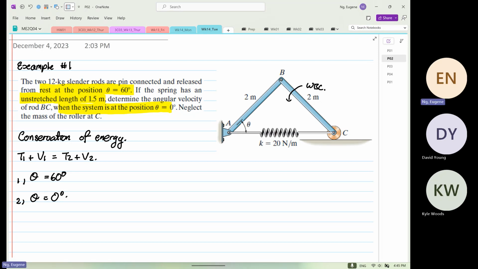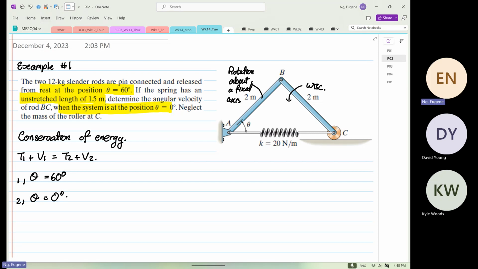So if we look at the structure, AB is rotation about a fixed axis, right?